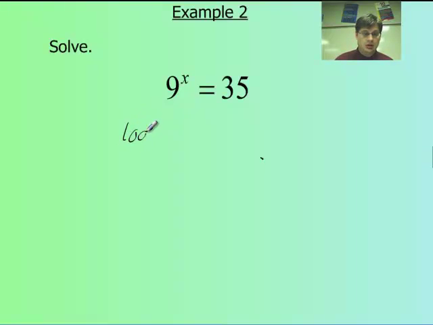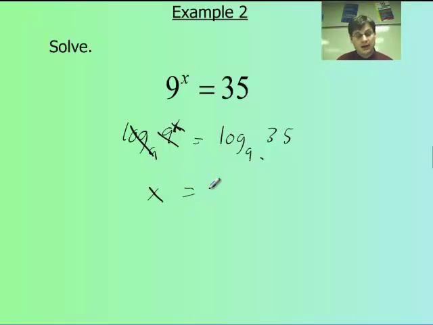So I would start off and say log base 9 of 9 to the x power is equal to, and of course what you do to one side you must do to the other, log base 9 of 35. So now these cancel out, leaving me with just x.